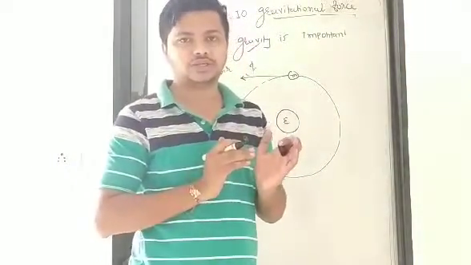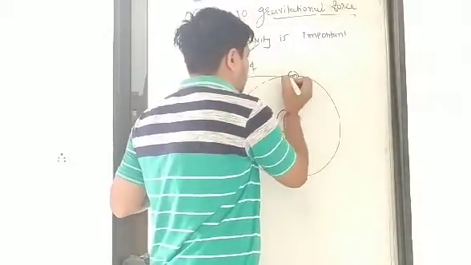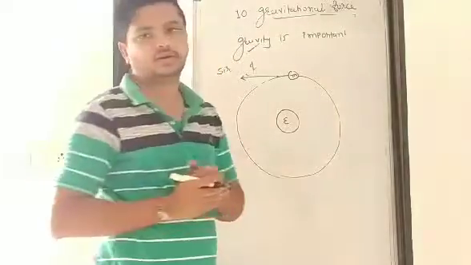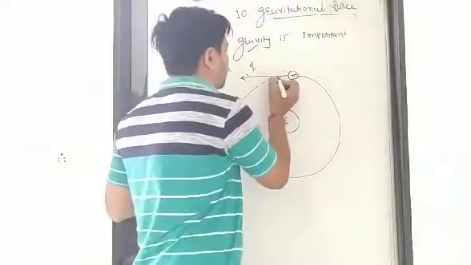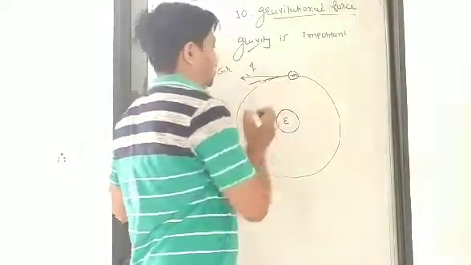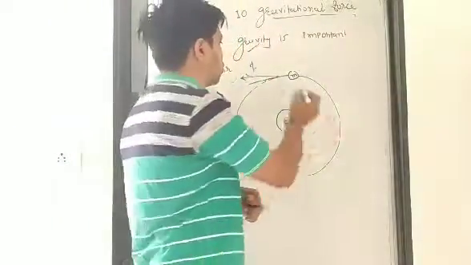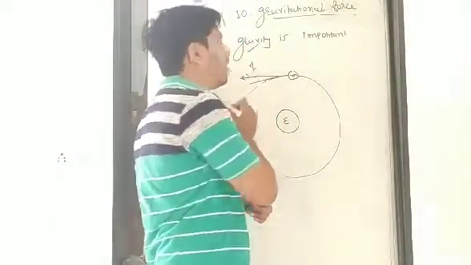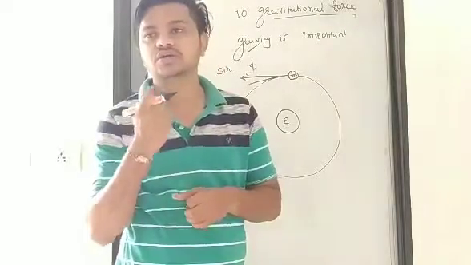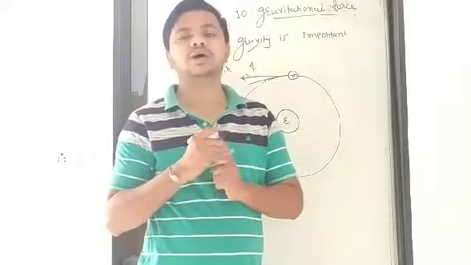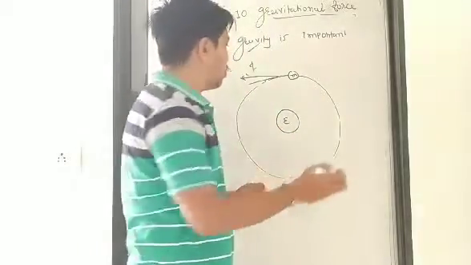It tries to go in this direction, but due to the gravitational force, as it goes here, the earth attracts it. So like that, if it goes to here, the earth attracts it. So earth has an attraction, and just because of that, it tries to go away, but earth just attracts it and pulls it towards itself, right?